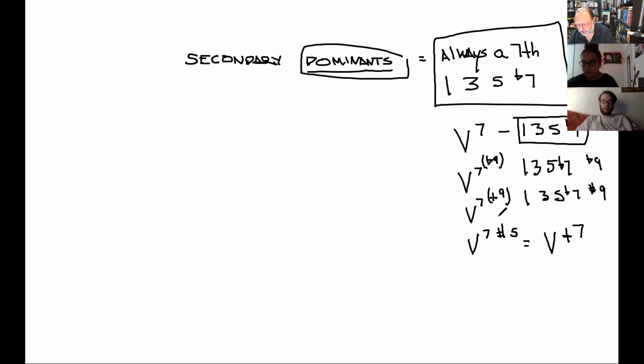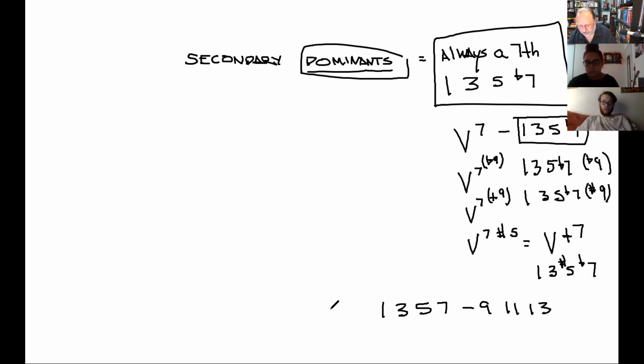And this one has the sharp 5 in here, so it's going to be 1, 3, sharp 5, flat 7. Okay, so these two notes go beyond the 7th. They go up to the 9th. Now we can have the chord stack 1, 3, 5, 7, and then we have 9, 11, and 13.